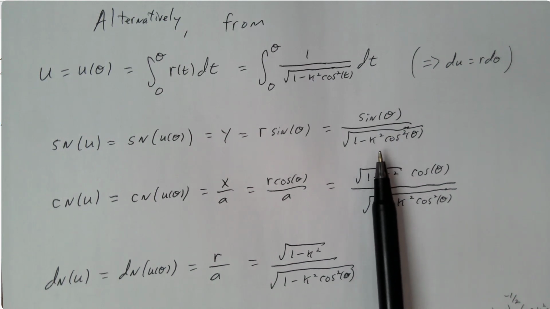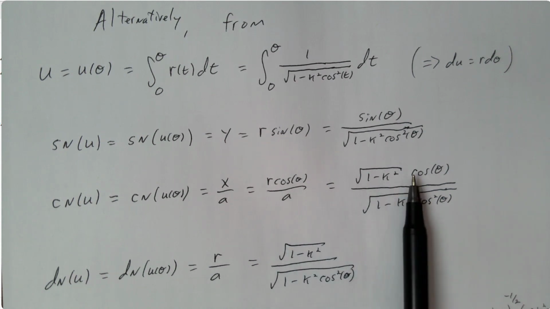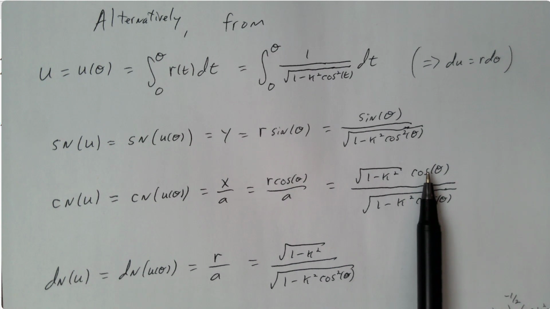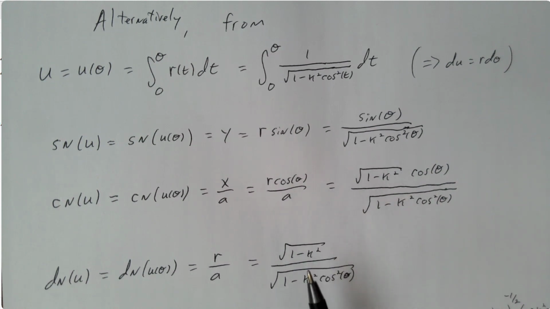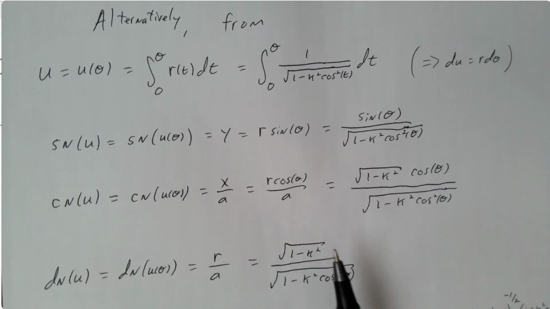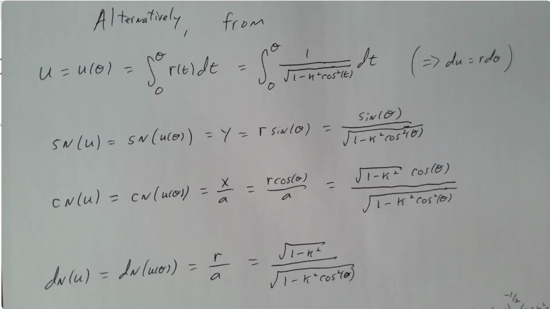So that'll be sun. This will be cun. r cosine theta, r divided by a, though, puts this at the top. And there's done u is r over a. So r is 1 over, divided by a is multiplied by this square root. And that's how I got the graphs.